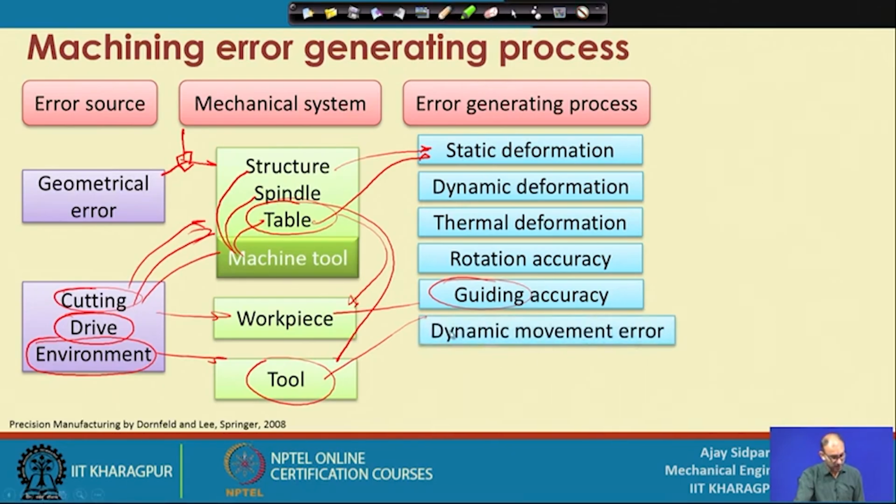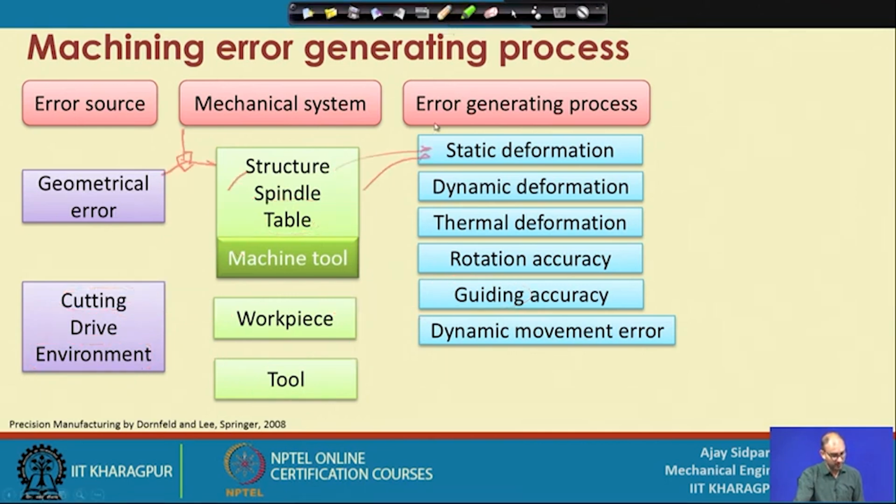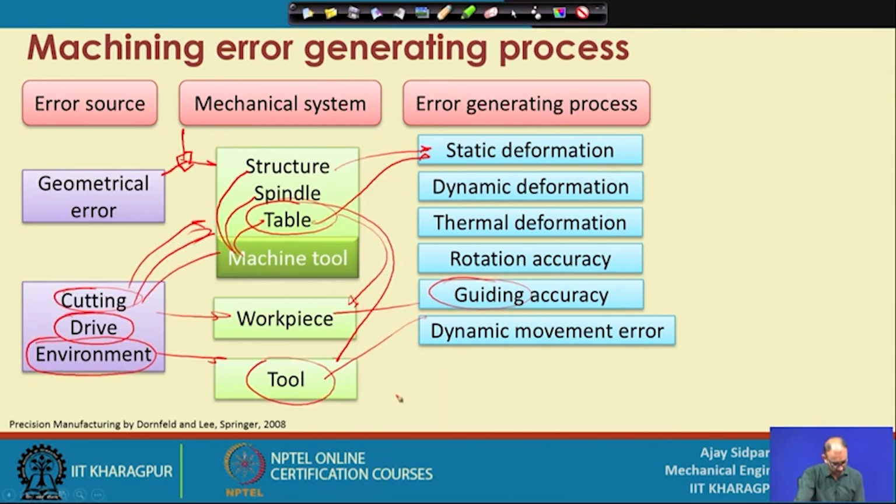Dynamic movement error. This is related to dynamic deformation, that is, in operation. When you are doing machining and moving your workpiece from one location to another, this is your tool, this is your workpiece, and the tool is penetrating inside the workpiece, and then you are moving to cut down this much amount of material, right.